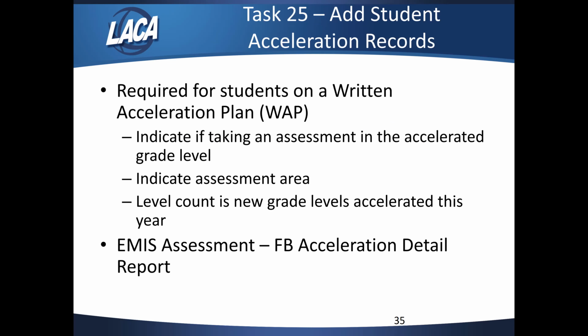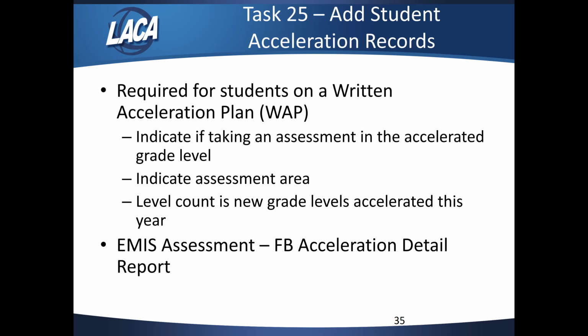There is a report, FB Acceleration Detail Report, that will help you verify that you have the correct information in. Yeah, but that's not gonna tell us who we reported last year, is it, as a 0 or a 1? No, but you could go back.